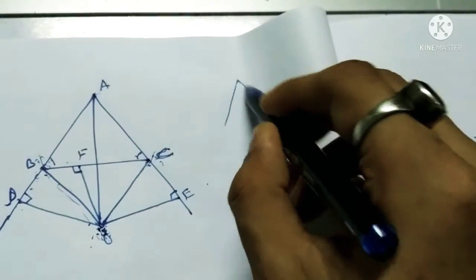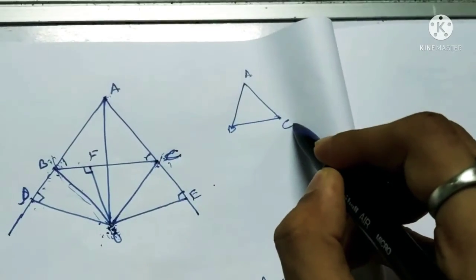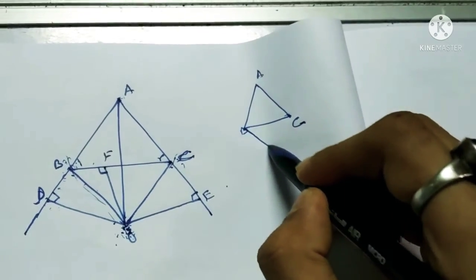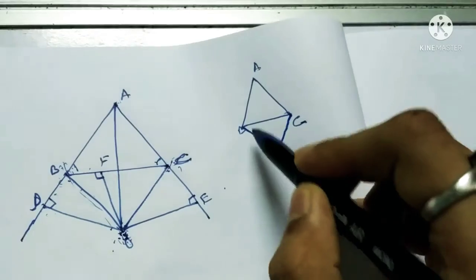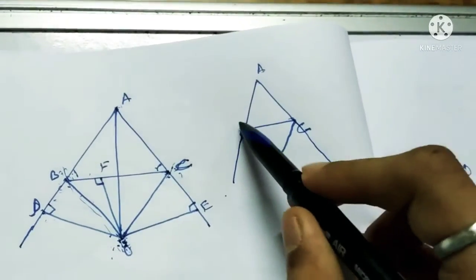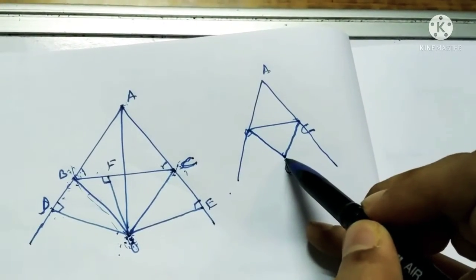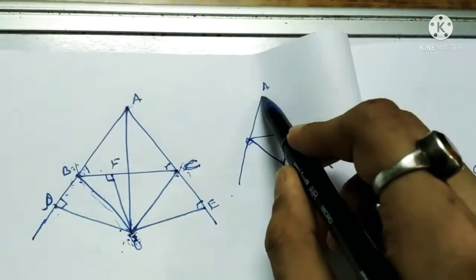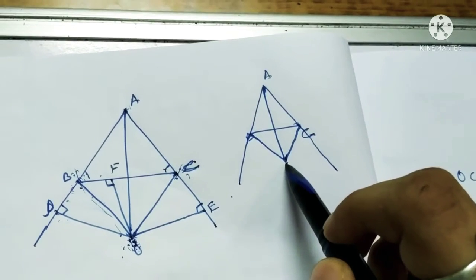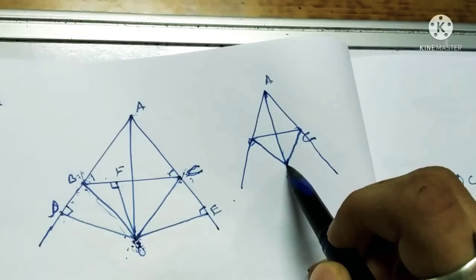The diagram will be in this way. This is triangle ABC, and these two are external bisectors of angles B and C, produced, that meet each other at O. And AO, I will join it and prove that AO is the internal bisector.